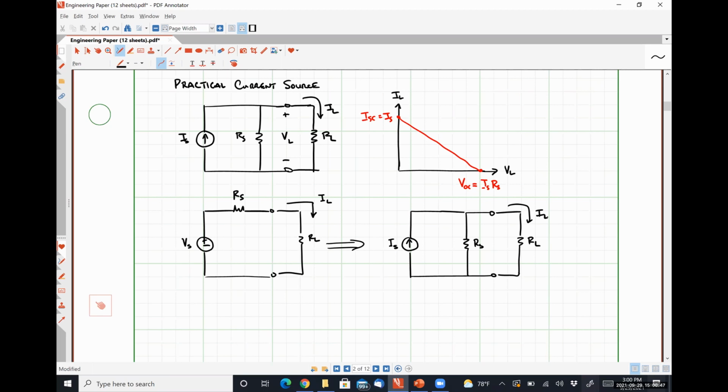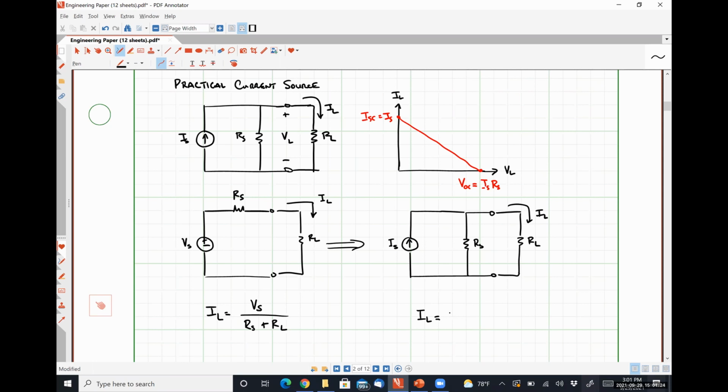All right. How could I express the current IL in my left-hand circuit? I would argue that RS and RL are in series. How do I express IL in my right-hand circuit? I have a current source connected to two resistors in parallel, so I would argue current division is probably the easiest way to go about this.